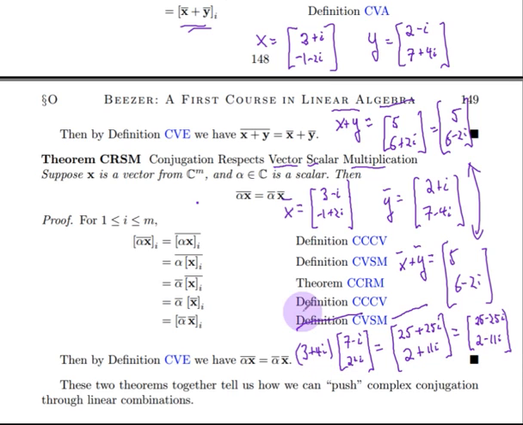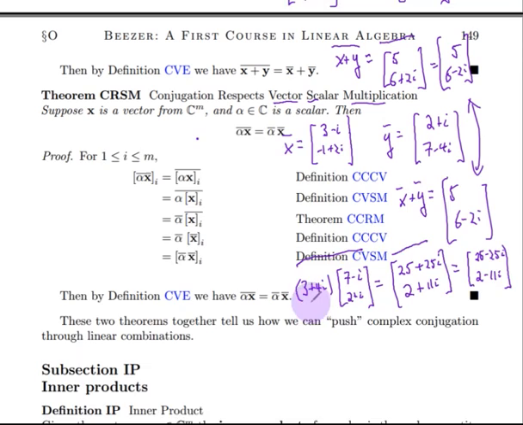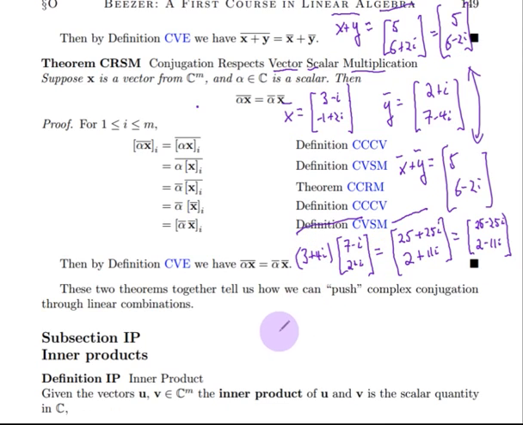All right, so I'm taking the conjugate of the product of a scalar and a vector. Now, suppose instead I take the conjugate of 3 plus 4i and multiply that by the conjugate of the vector (7 minus i, 2 plus i). Okay, so I'm taking the conjugates first before I multiply. Well, the conjugate of 3 plus 4i is 3 minus 4i.